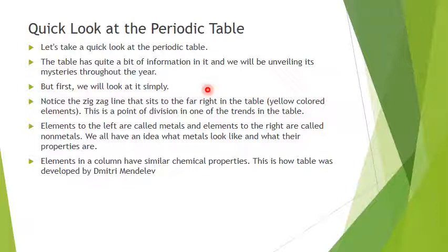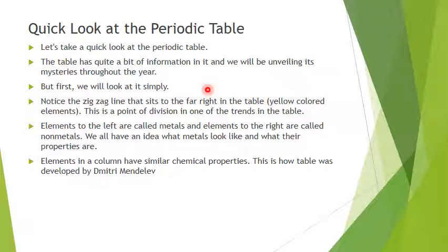Now the rows: the first row has hydrogen and helium. The second row has 8 squares, and each square on the periodic table represents an element.